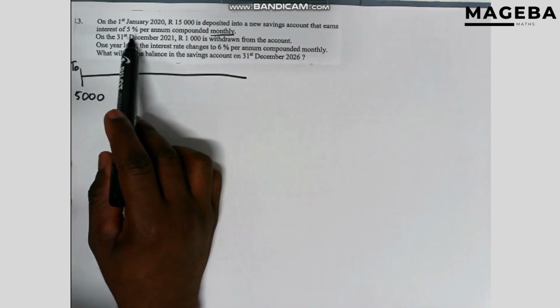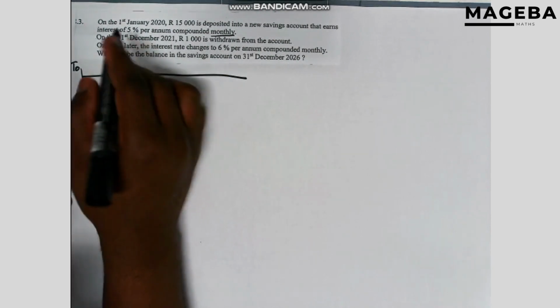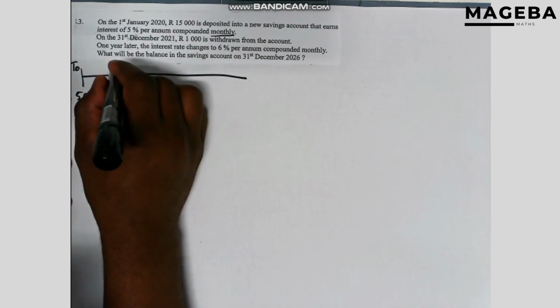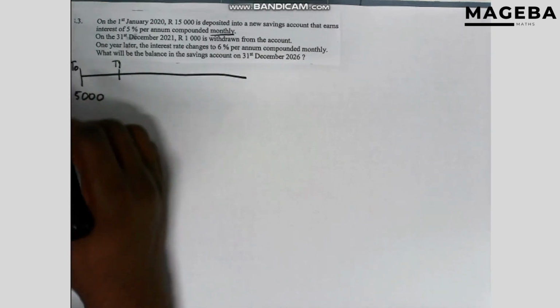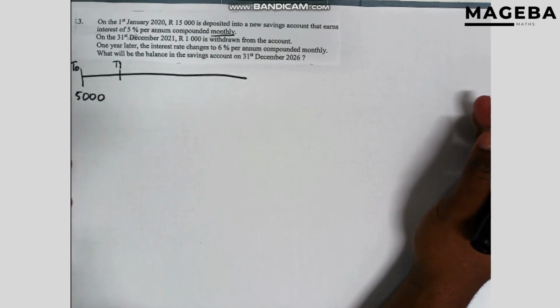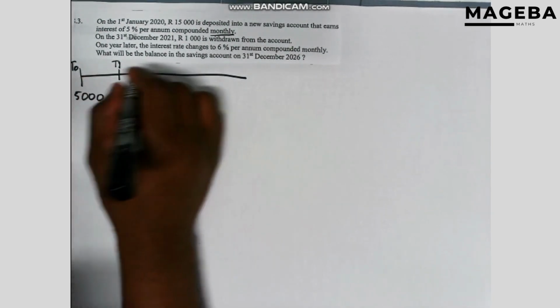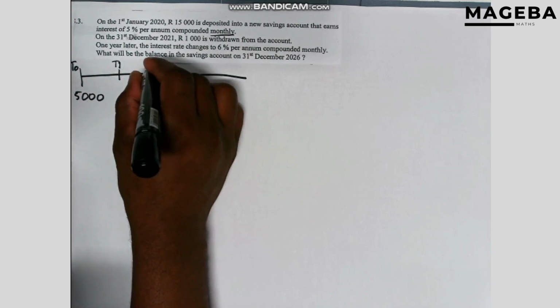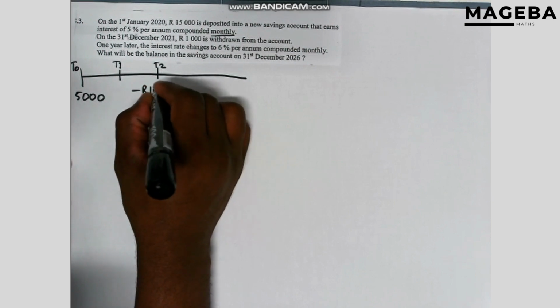We are going to have T1 here, because December 2020 it's going to finish, and then in January 2021 it's going to start again until December 2021. So there's a year in between until this stage is reached, which is going to be our T2, where the 1,000 amount is going to be withdrawn. I hope you understand this part. Then 1,000 is withdrawn.